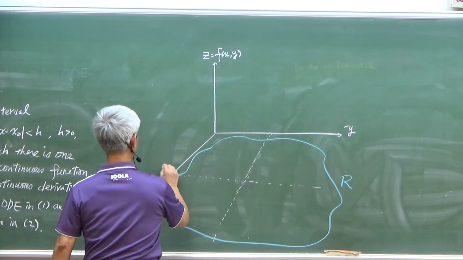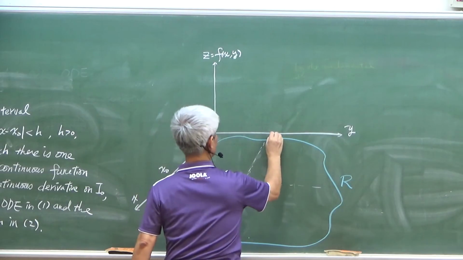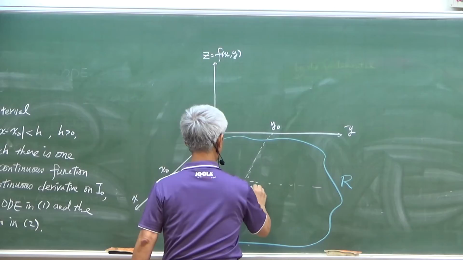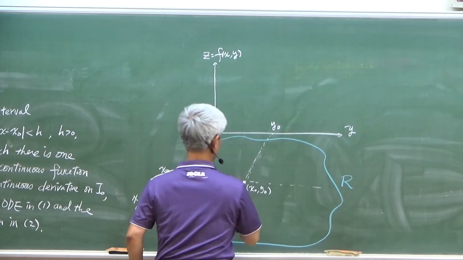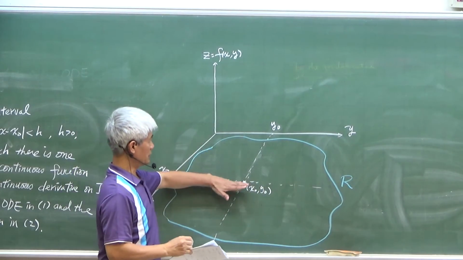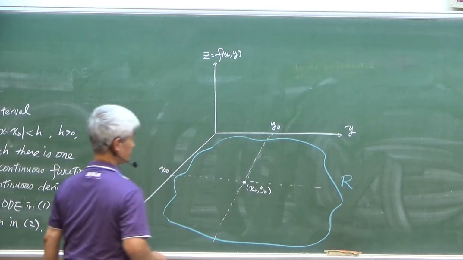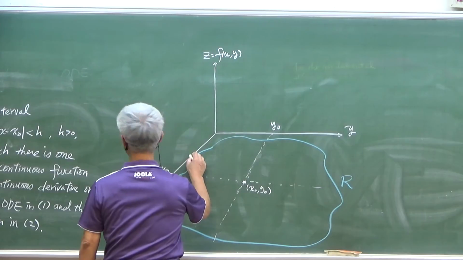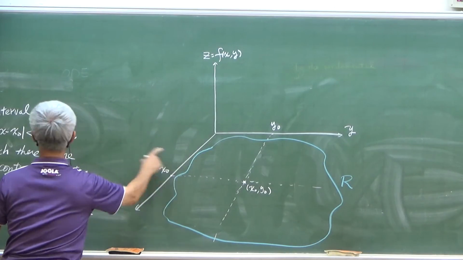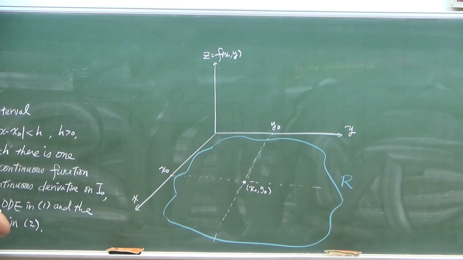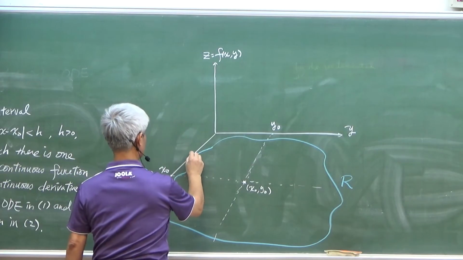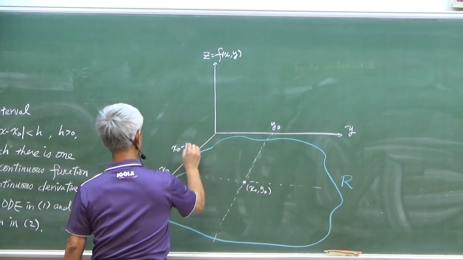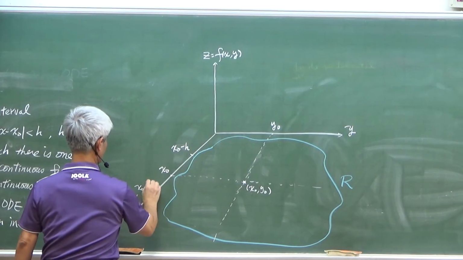We have x0 here and y0, so this is the point (x0, y0), and it is in this region. And in the x-axis, we can find an open interval: this is x0 minus h, and this is x0 plus h.